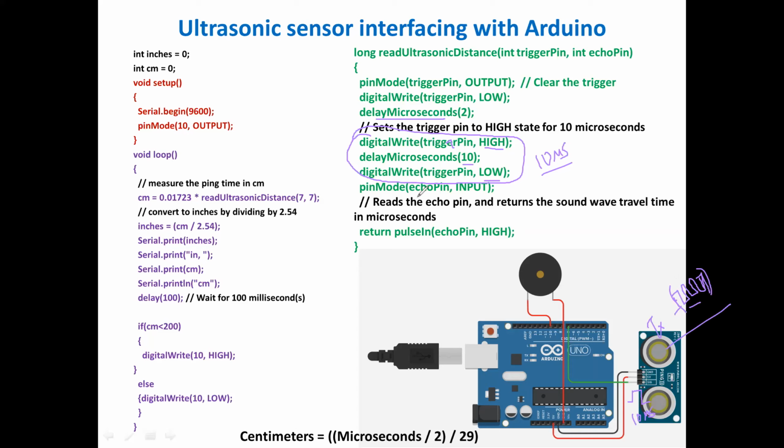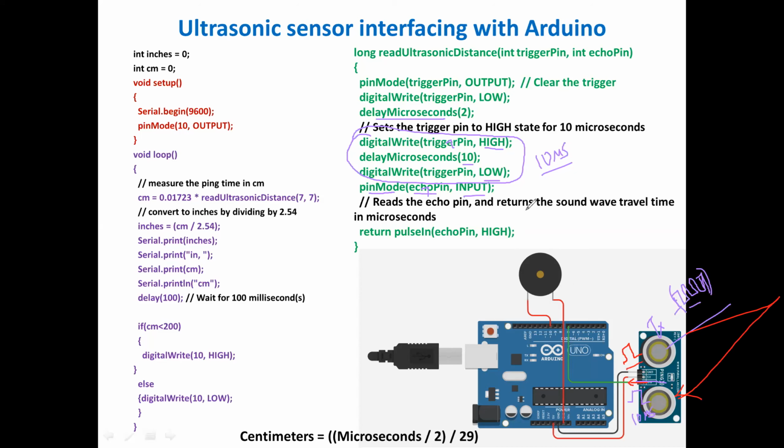Fine. Now we are setting the same pin, the trigger or echo pin 7, as an input pin. Here we are going to receive the pulse. After going and hitting back, it will reflect here by providing a high signal.